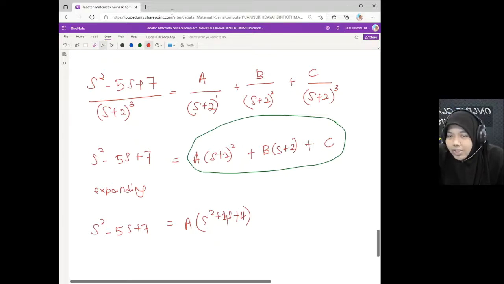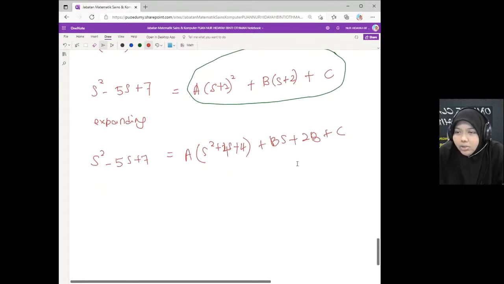Saya harap semua orang boleh expand lah yang ni, untuk expanding kuasa 2 tu. So ini dia akan jadi Bs plus 2B, and then plus C. So kita tulis semula, kita tengok s squared minus 5s plus 7.